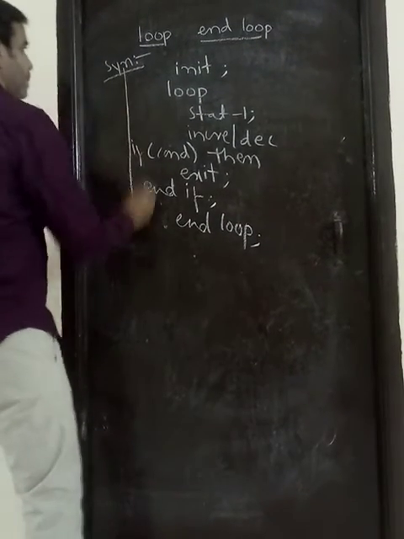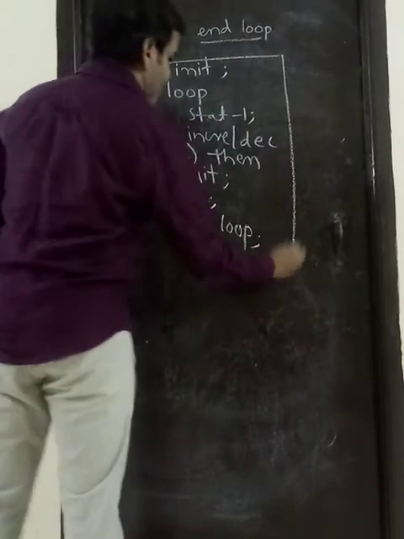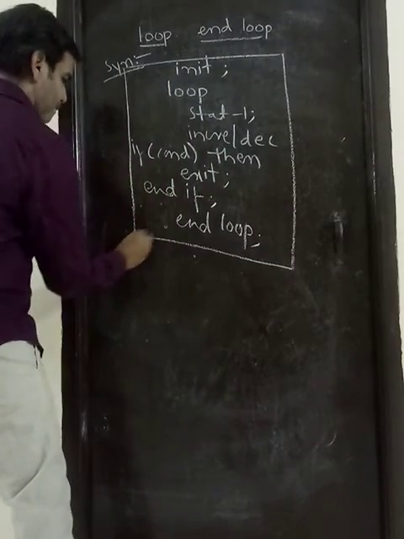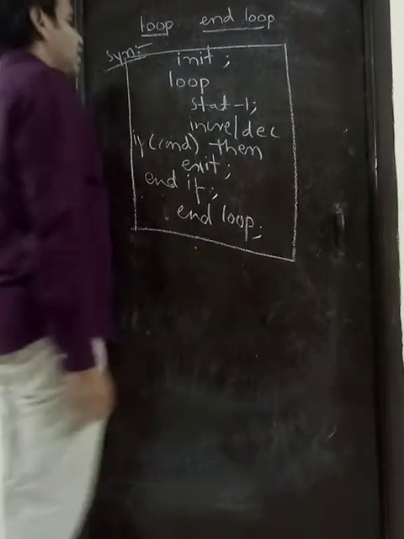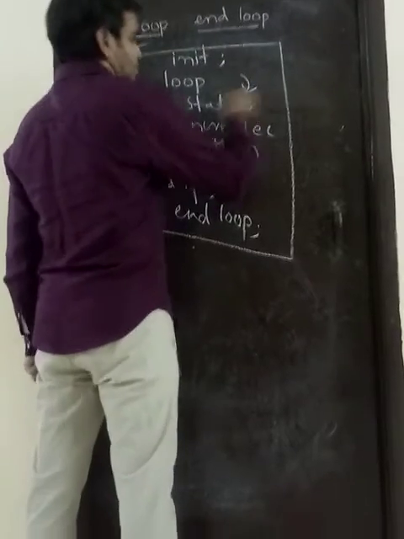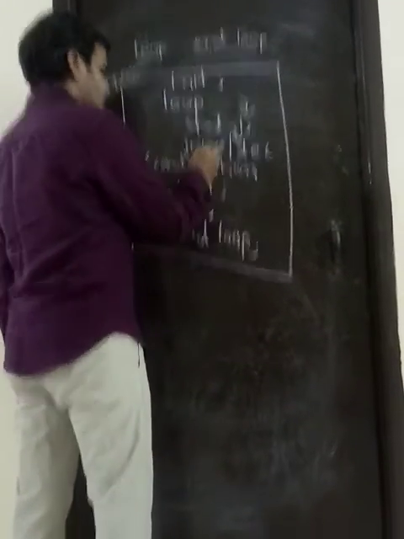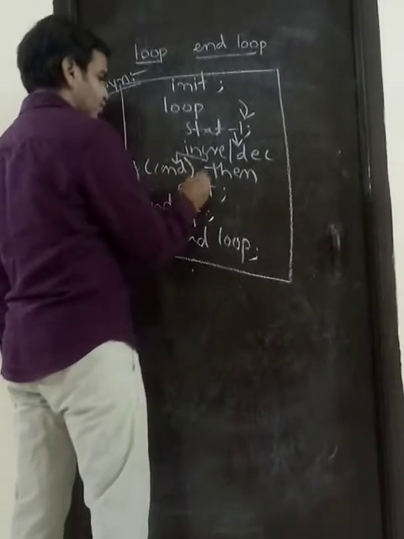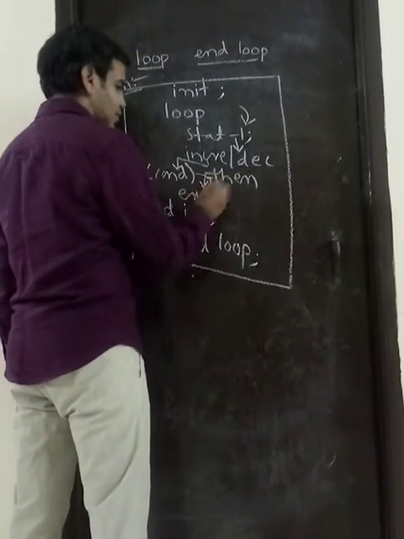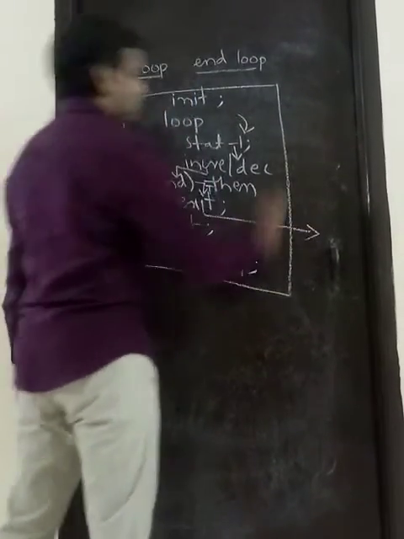See, first initialization, loop, we execute statement 1, then increment or decrement. Now check the condition. If the condition is true, exit. Exit means it will exit from the loop.